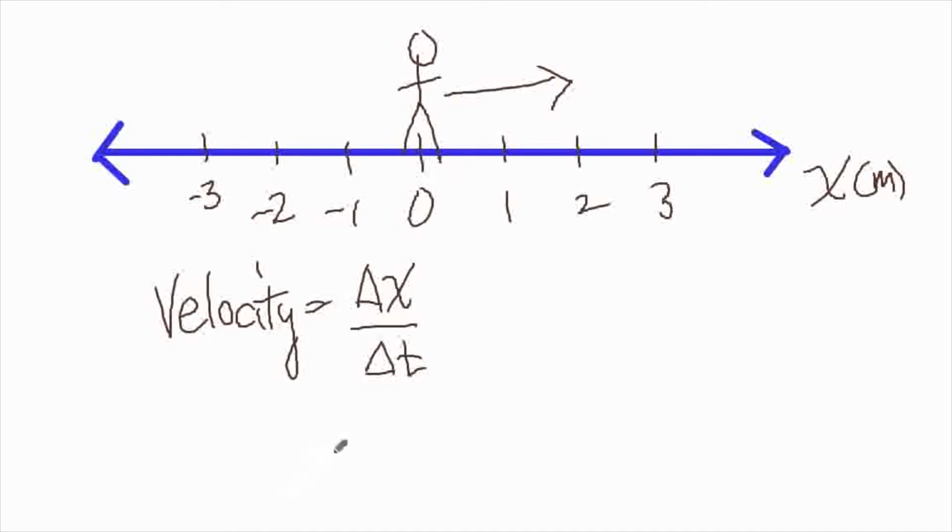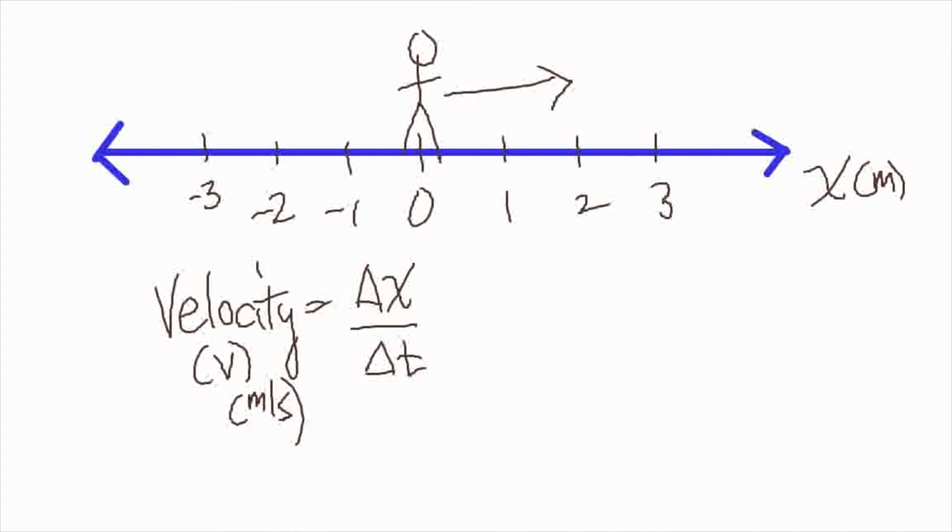All right? And velocity is sometimes denoted by the variable v, and the units are the units of displacement and change in time. So the units would be meters per second in SI, International System Units.